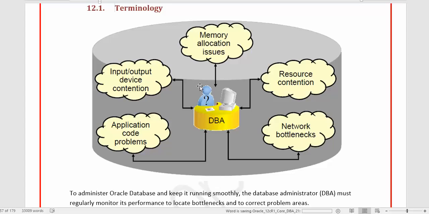If there is a delay in I/O, definitely the end user will see a performance issue. They will see that there is a lot of delay in getting the data. So even such I/O issues will come to DBAs to handle. That means the DBA should also have knowledge of how disk level I/O operations happen.